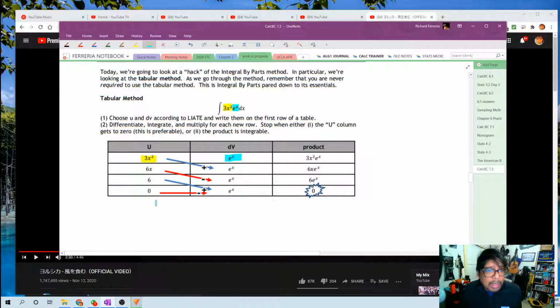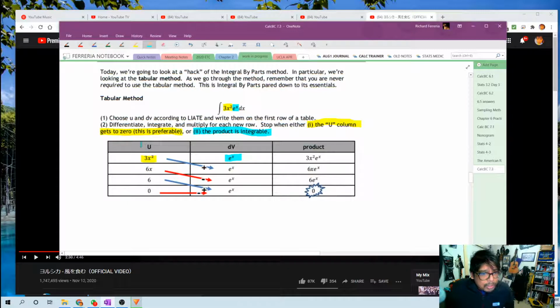Now the question is, when do you stop adding rows to this table? Because we could have kept on going here. There are two conditions for stopping. Number one, you want to stop when the u column gets to 0. That's kind of preferable. Or if the column doesn't get to 0, you're going to stop if the product is integrable.